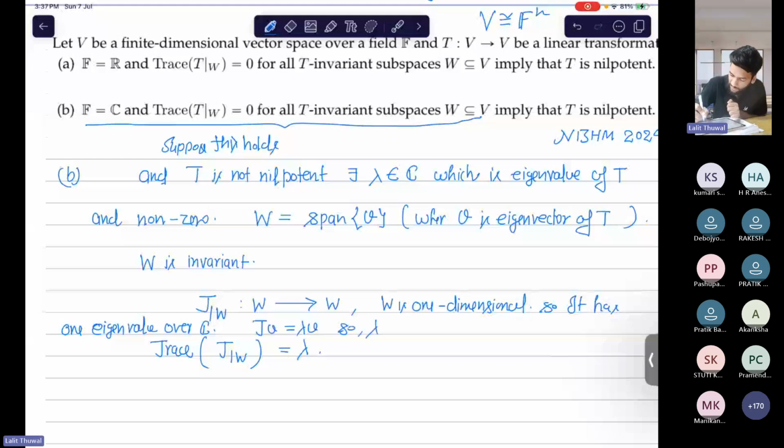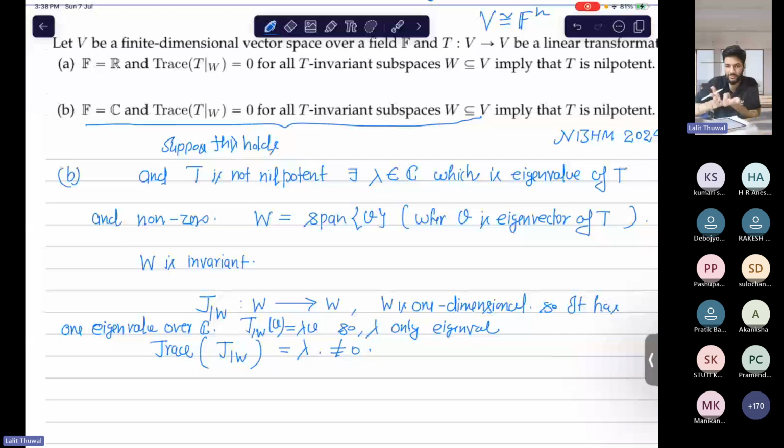Lambda is the only eigenvalue because this v is inside W. So v is an eigenvector of T restricted to W corresponding to eigenvalue lambda, the only eigenvalue, which is non-zero.